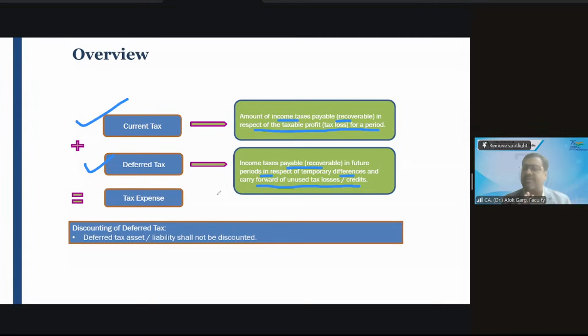As the name suggests, current tax is for the current year taxable profit. Deferred tax is for the taxes relating to the future years, either recoverable or payable. Is that clear, my dear friends? Okay. So two or three things I want to clarify here, and let me write down those two or three things.